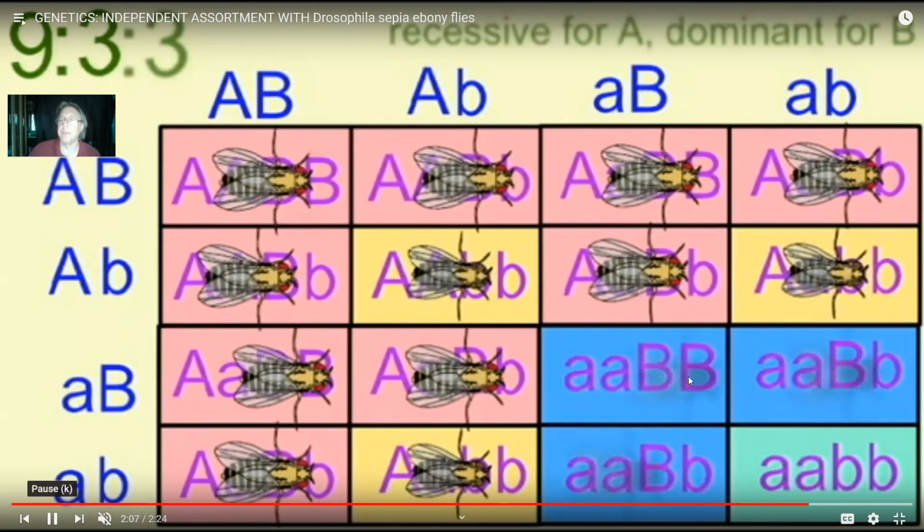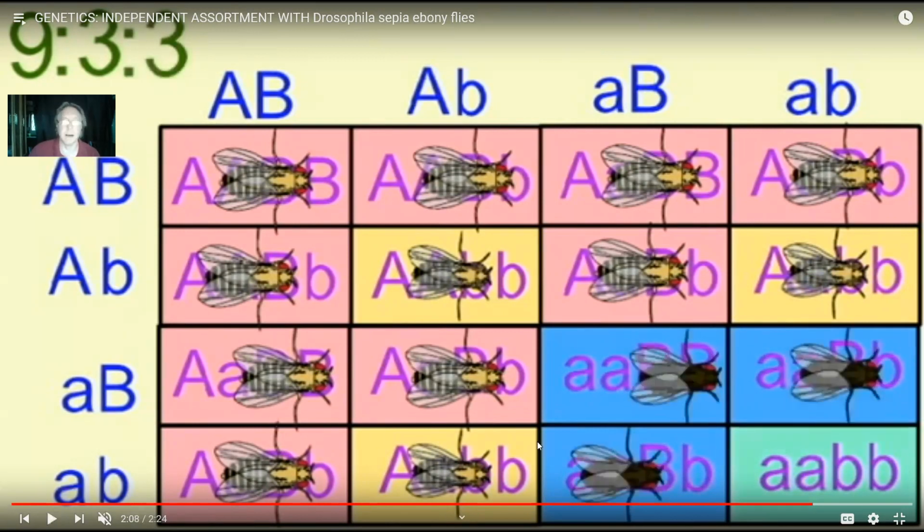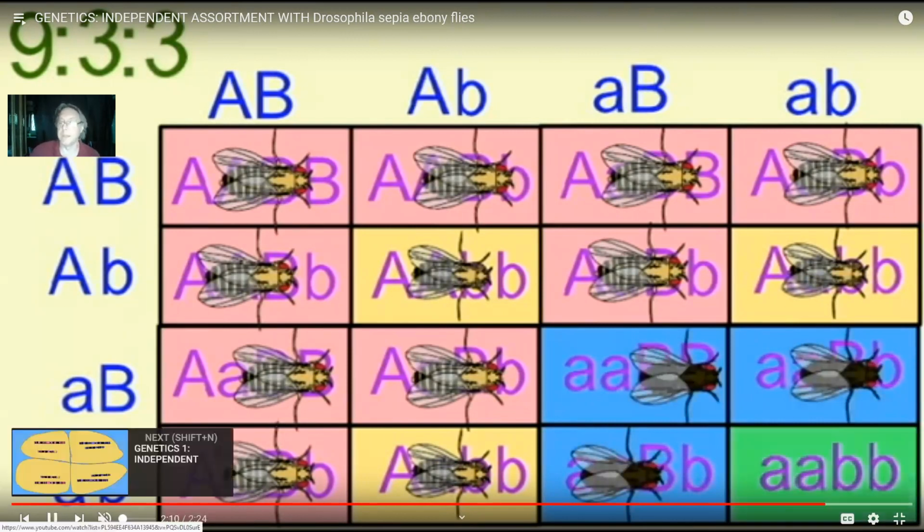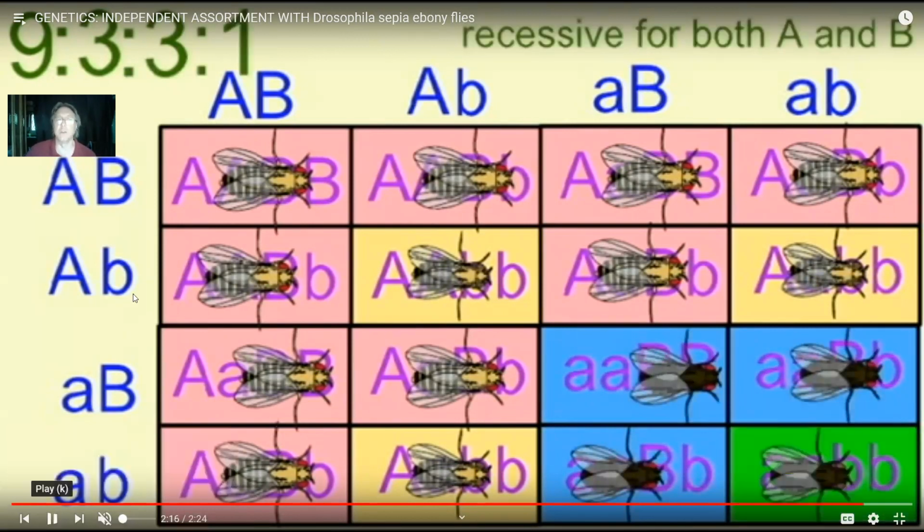So they would have ebony bodies, but red eyes. And then 1/16 would be recessive for both. So once again, if we were to count the offspring, we would expect a 9-to-3-to-3-to-1 ratio in these phenotype categories.